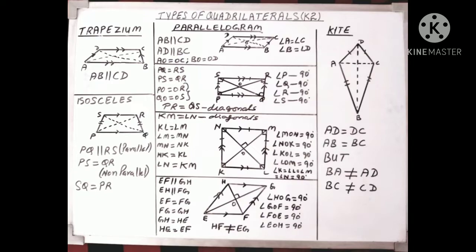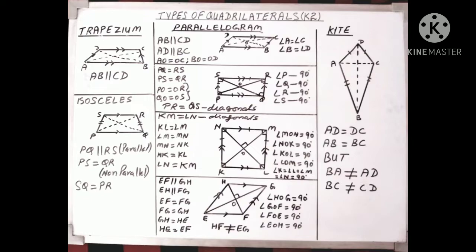Now see the second diagram just below it. We have yet another trapezium PQRS in which PQ is parallel to RS, PS is parallel to RQ or QR, and SQ is parallel to PR.